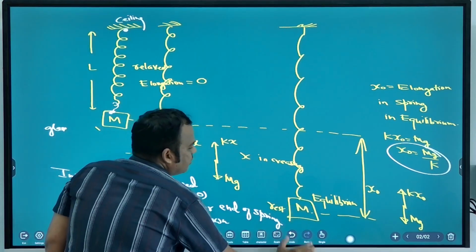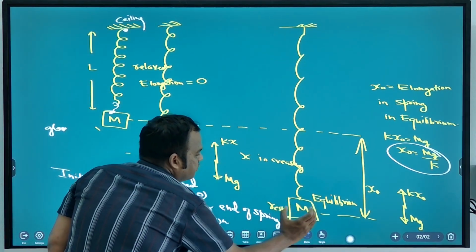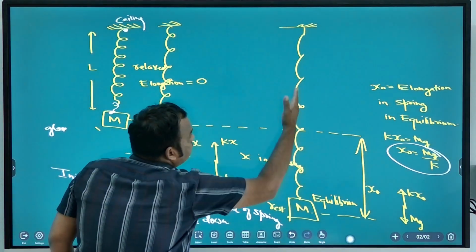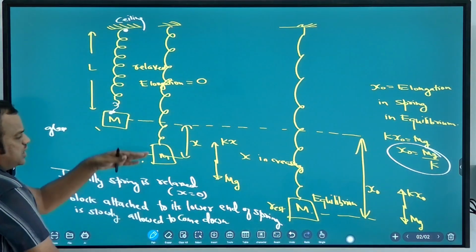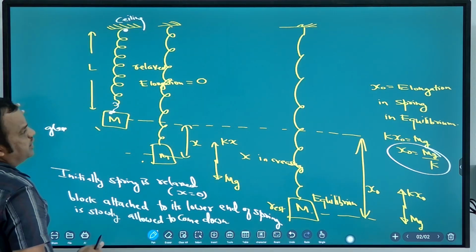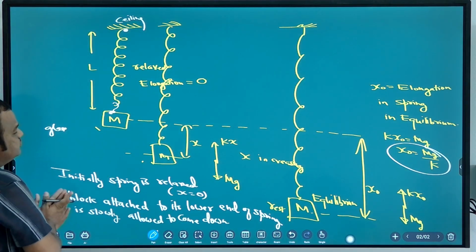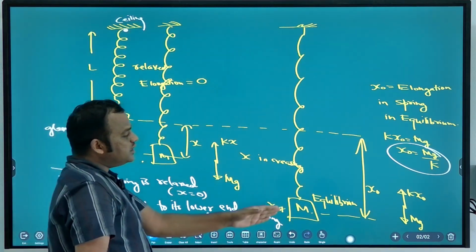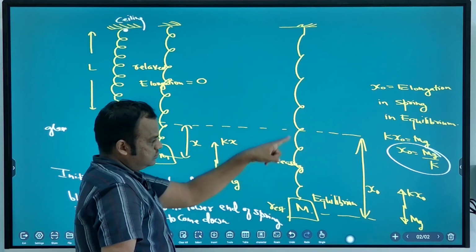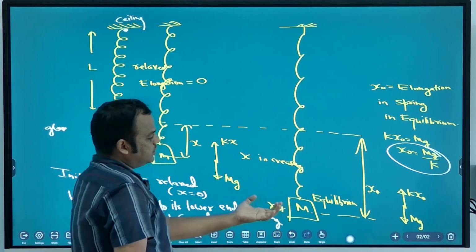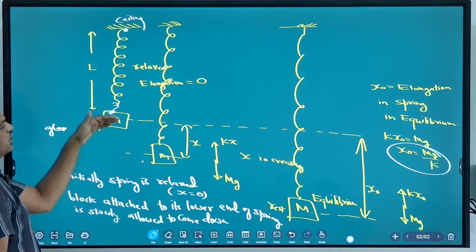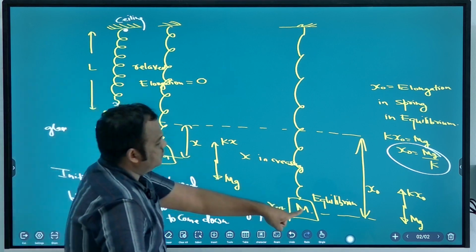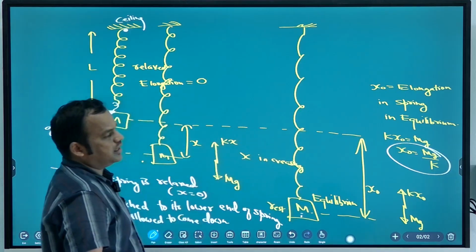If you want to further elongate it, you have to hold the block and pull it down. Then it will elongate the spring extra. The weight mg can elongate only from here to here, correct?